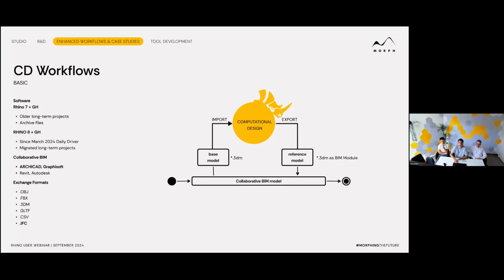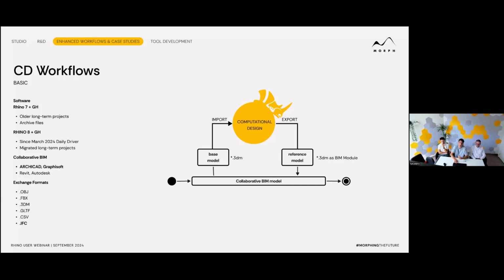The basic steps of this workflow would be to import the BIM model geometry as a reference to Rhino, compute and develop our solution with the help of Grasshopper, and then export the design in the desired formats.